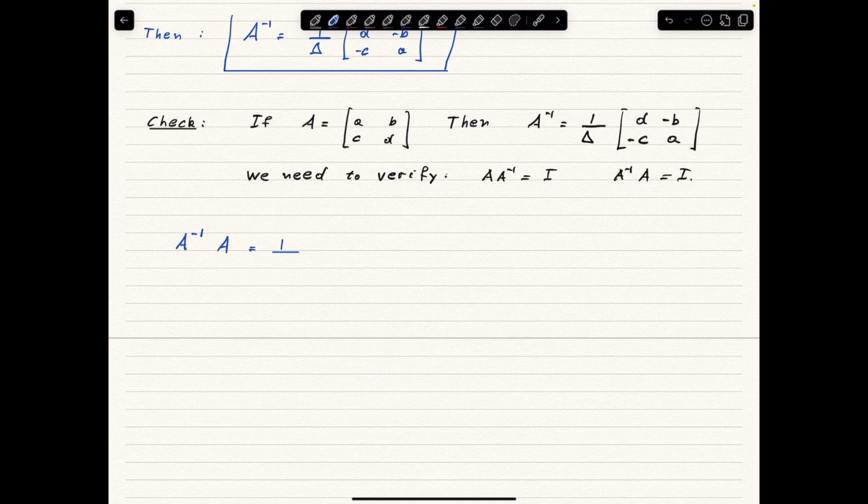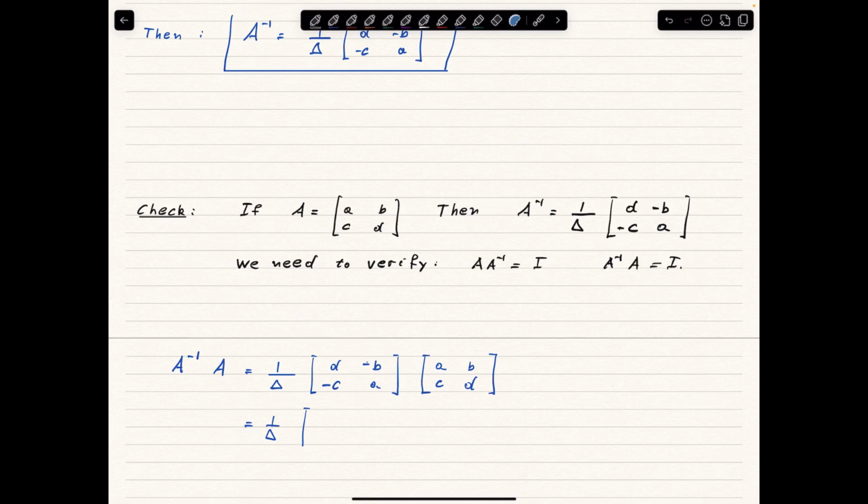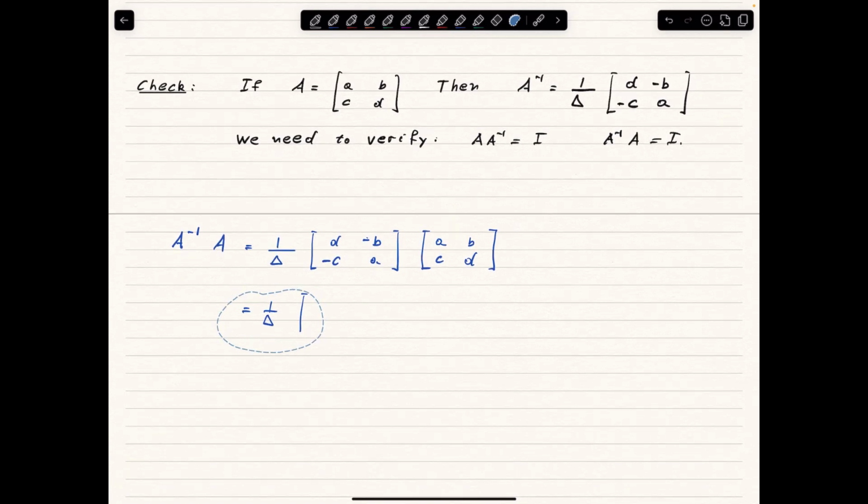Well, we have 1 over delta, then we have here the coefficient D, the coefficient negative B, negative C, and the coefficient A, and we need to multiply that by the original matrix, which is A, B, C, D. We still have the factor 1 over delta outside, and let's do it down here so we have a little bit more space.